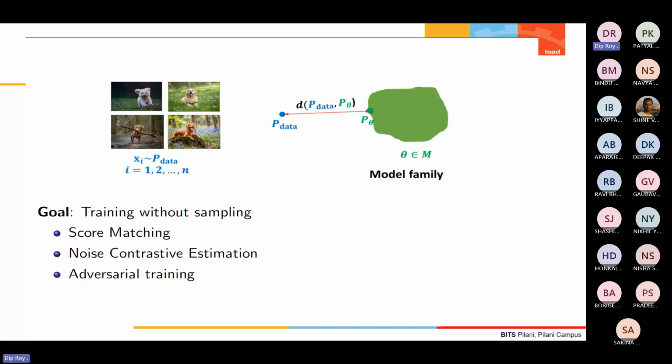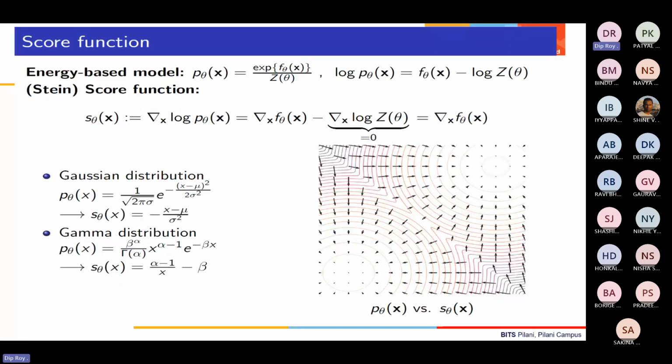We don't need to do MCMC and we don't need to do unadjusted Langevin dynamics and all those particular things. Is there any mechanism in which we can basically train the model without sampling from the EBM? And that brings us to the score function, which I showed you.